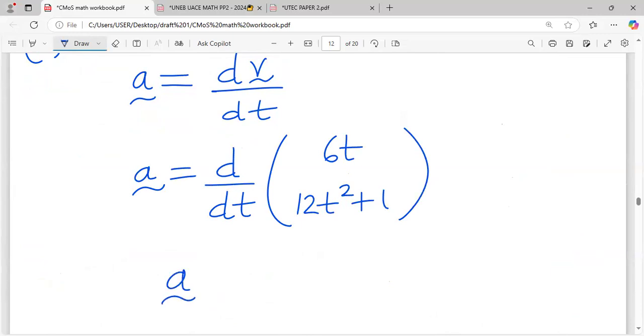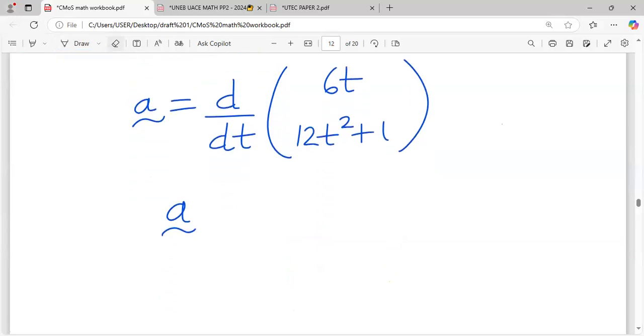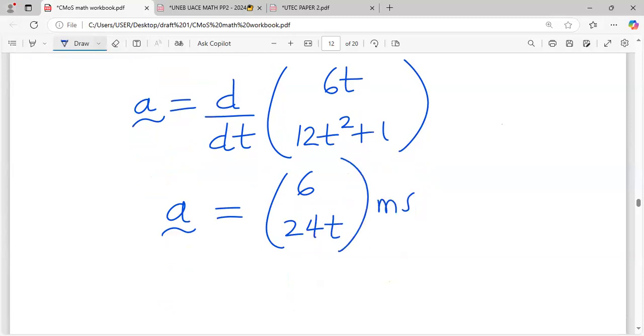Then when I differentiate 60, I get 6. When I differentiate what is down, I actually get 24t. I get 6 over 24t. Put the unit for acceleration as that.